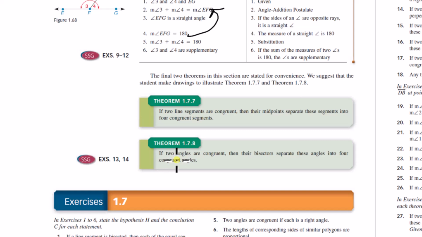If two angles are congruent, then their bisectors separate these angles into 4 congruent angles. To me, this is a good example, from an engineering, non-mathematician standpoint, of our intuition telling us that this is true. But our intuition is only based on what has been rigorously proved by mathematicians, and that's okay.